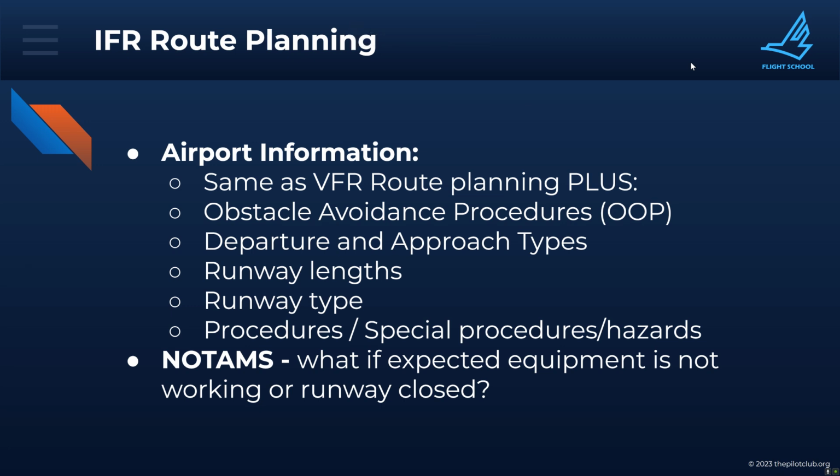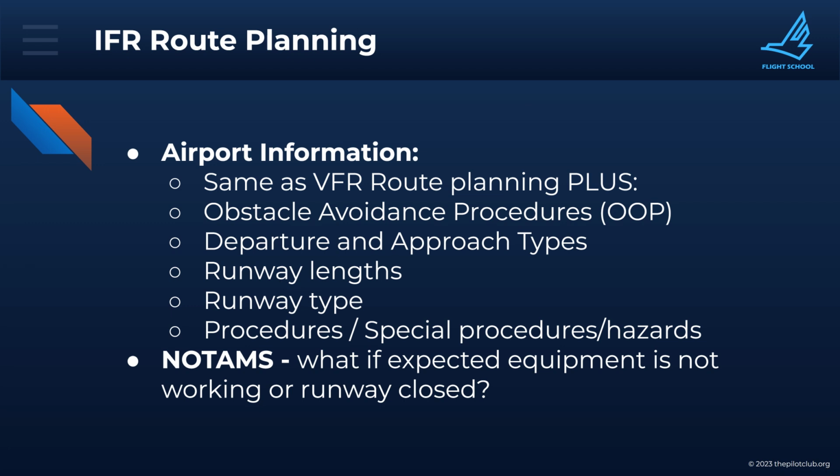So airport information. Now we're flying into our destination airport. Not only do we have to worry about all of our obstacle avoidance, our departure and approach types, there's some additional information we're going to need to know about, especially now for flying through cloudy weather when we're flying IFR. We definitely want to know about runway length, runway type. The main thing that's going to be very important, I should have put it on here, is runway lighting, and also what kind of navaids you have to help you get on the ground.